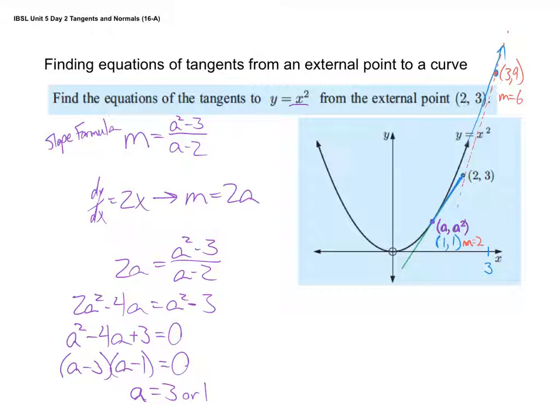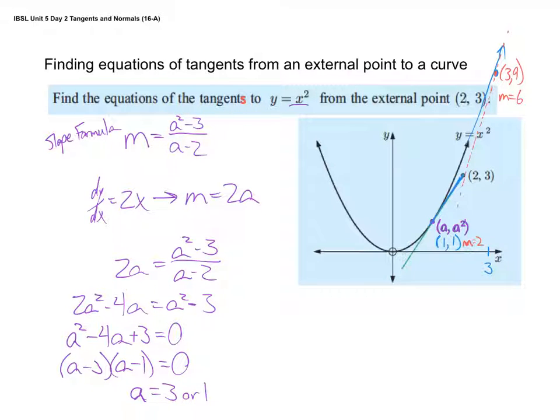Now, this is find the equation of the tangents. Did you notice that little s there? They were actually telling us that there'd be more than one answer from the external point. So at this point, all we have to do is use the slopes that we know and the points that we know in order to find our equations, okay?